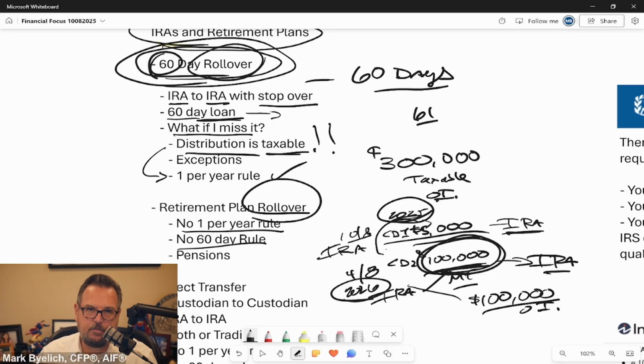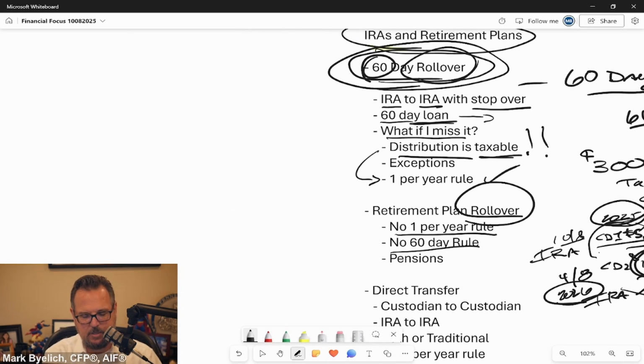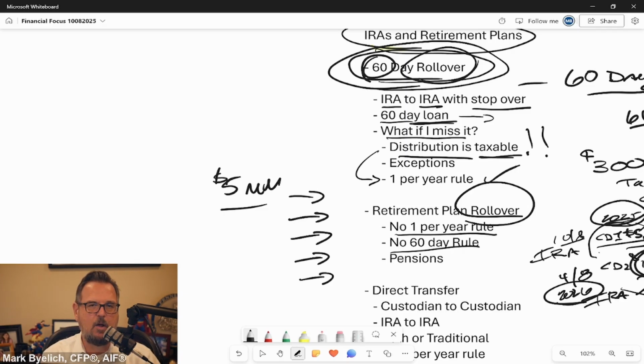And certainly the 365-day 1 year per rollover rule. So if you had $5 million in your 401k, for example, and you wanted to transfer that over a 365-day period at $1 million at a clip for 5 times, 1 million, 1 million, 1 million, 1 million, and 1 million.